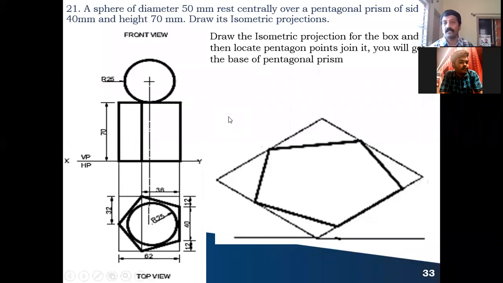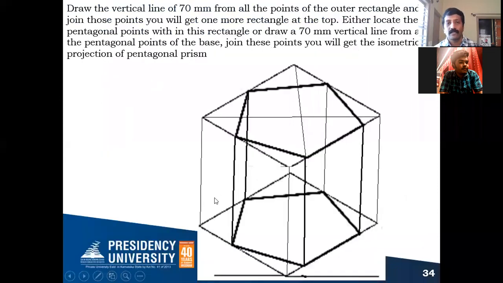And we need to find out the center of the top face of your pentagon also. For that, what will we do? First, I will draw the vertical projector from the corners of your rectangular box, which is equal to 70 millimeter. So let me show you in the next sketch like this.